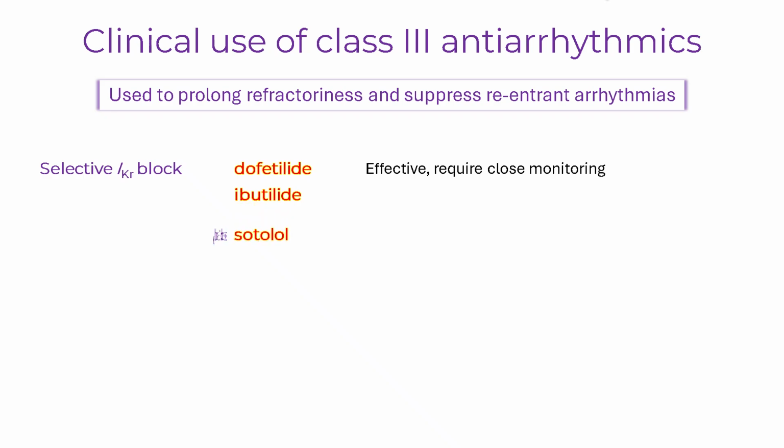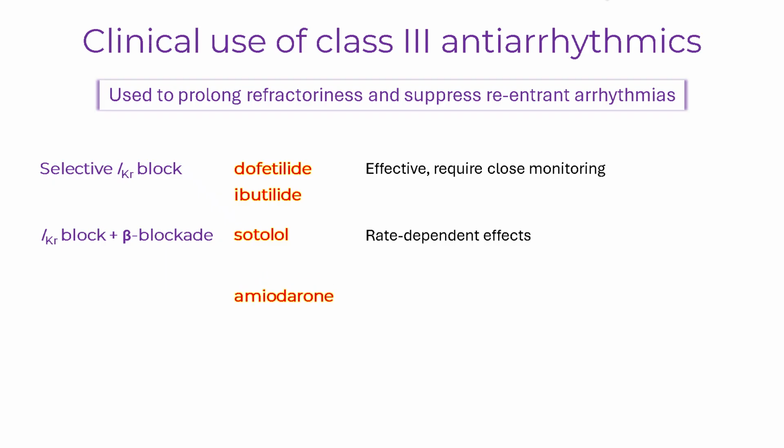Sotalol combines IKr blockade with beta-adrenergic antagonism. This can enhance antiarrhythmic efficacy by reducing sympathetic drive, but also introduces rate-dependent effects that may increase risk in the setting of bradycardia. Amiodarone occupies a distinct position.